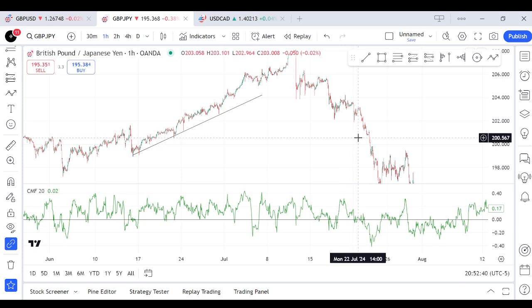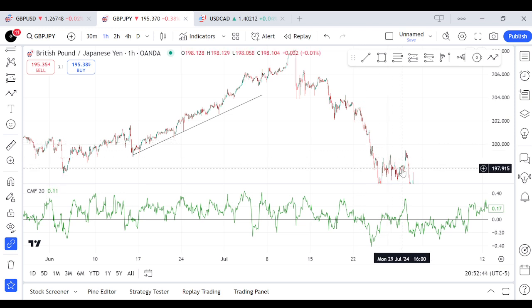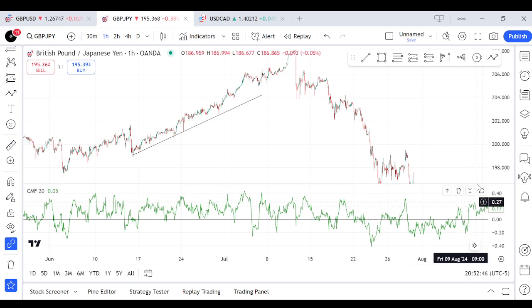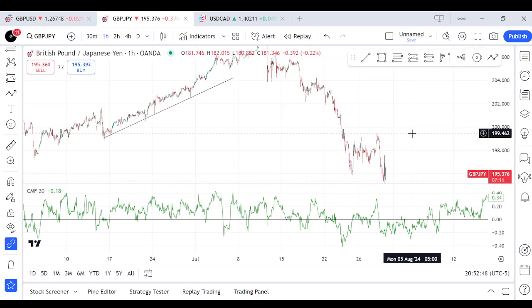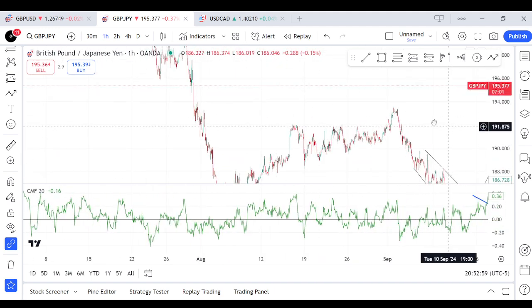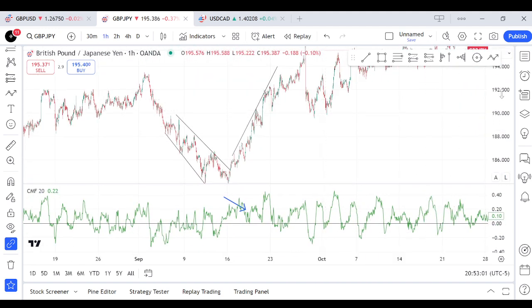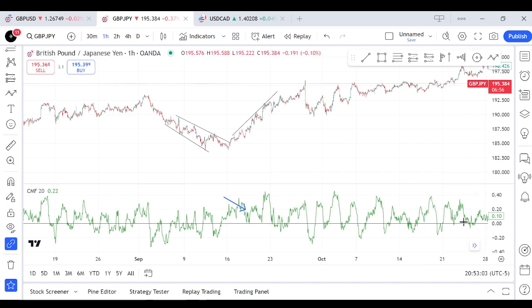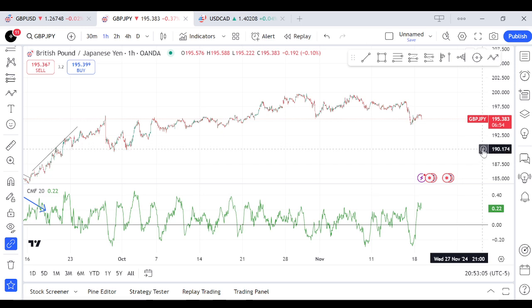A bullish divergence occurs when prices are making lower lows while CMF makes higher lows, suggesting that selling pressure is weakening and an upward reversal could be near. So let me just look for good examples that are gonna help us explain that.